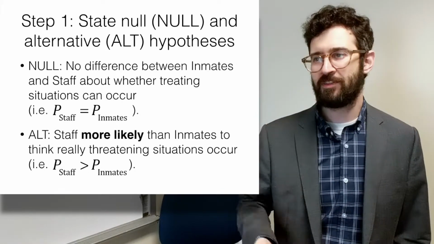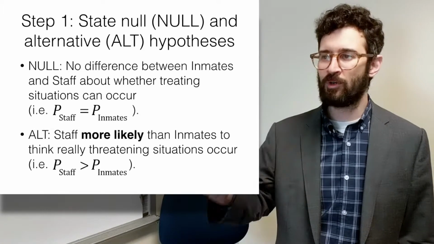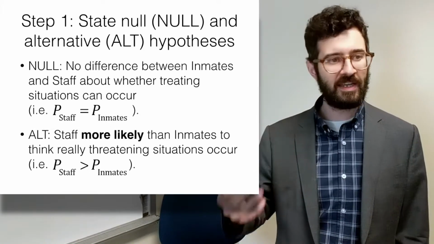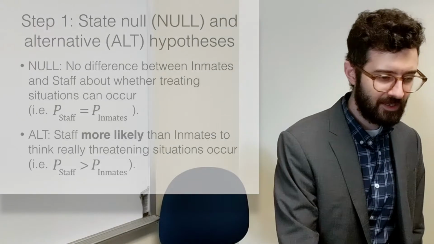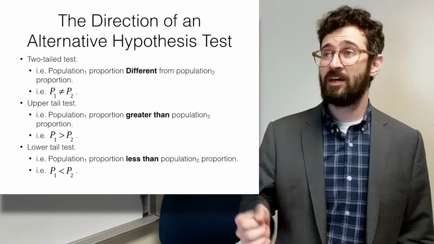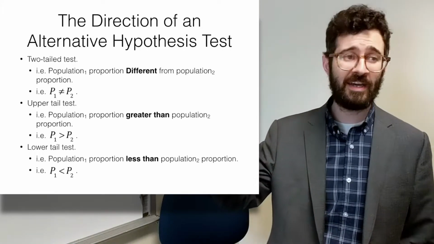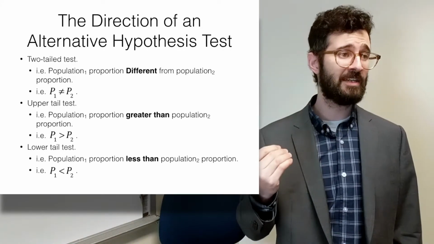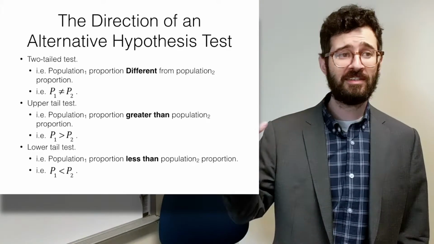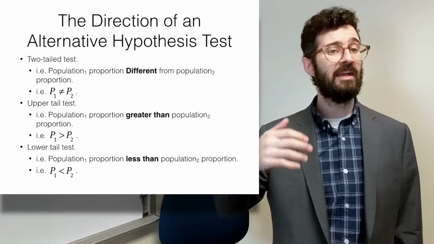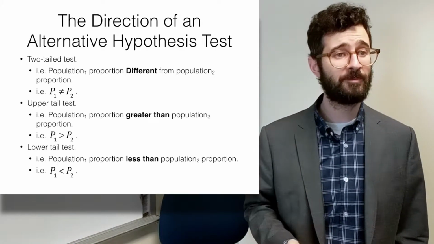The alternative hypothesis might be that staff are more likely than inmates to think really threatening situations can occur. Again, I have 3 alternative hypotheses to choose from. So my choice, again, is based off of my understanding of inmates and staff and how they view their facilities and how threatening they think their facilities are.